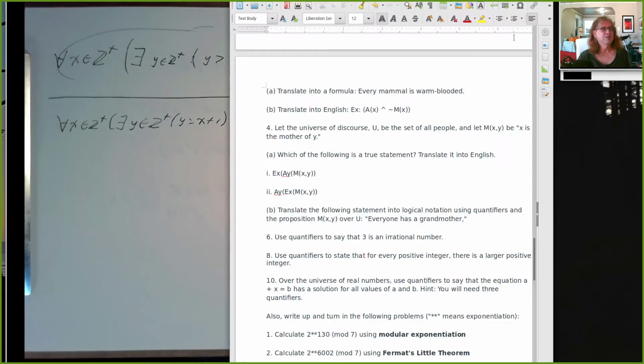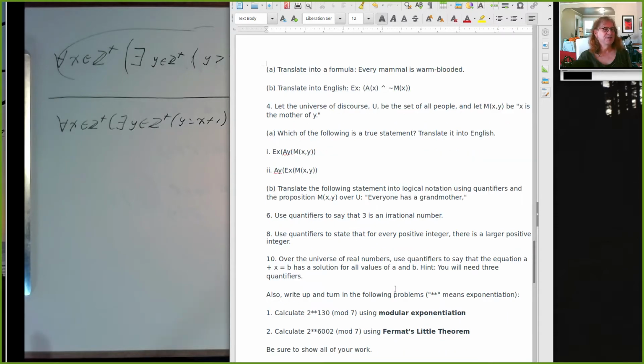All right, so question 10: use quantifiers to say that the equation a plus x equals b has a solution for all values. So what does this mean in common speak? For any value a and for any value b, there is an x such that a plus x equals b.